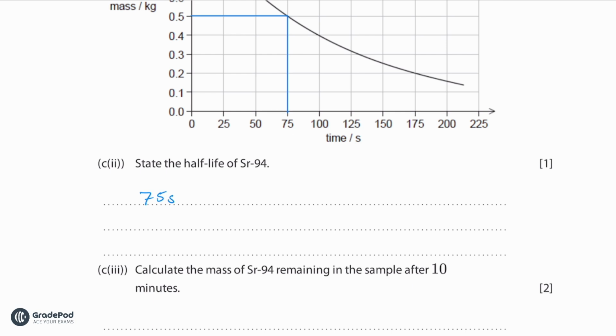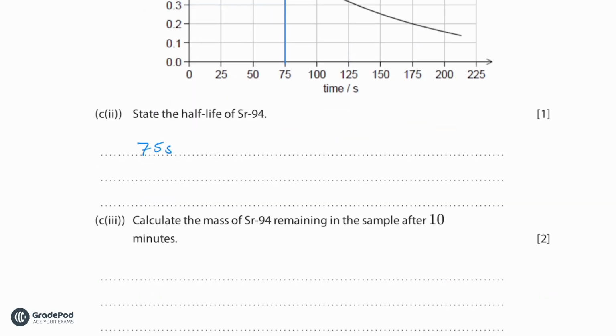Calculate the mass of strontium-94 remaining in the sample after 10 minutes. How many half-lives are there in 10 minutes? 10 minutes is equal to 600 seconds. Divide that by 75. That tells us that there are 8 half-lives. So we go from 1 down to a half. That's 1 half-life. 2 half-lives.